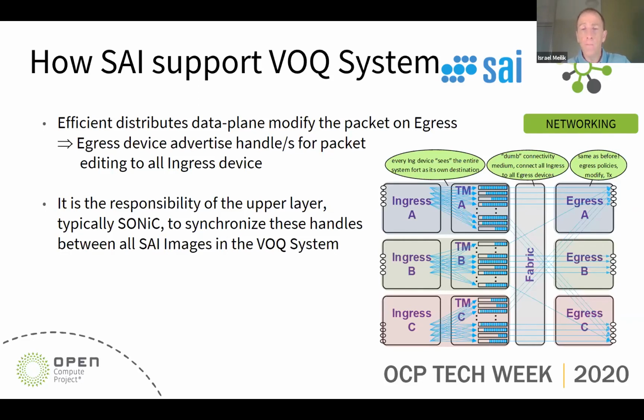Alternatively, each SAI image, for example device A, manages the databases for the tunnels and the encapsulation that is sent out through device A, and provides a handle, a pointer, for other SAI images to use. So when they send traffic to a tunnel going out through device A, they will use that handle, that pointer, instead of maintaining the actual tunnel or encapsulation database. So these are the two main changes for SAI to support the VOQ system.